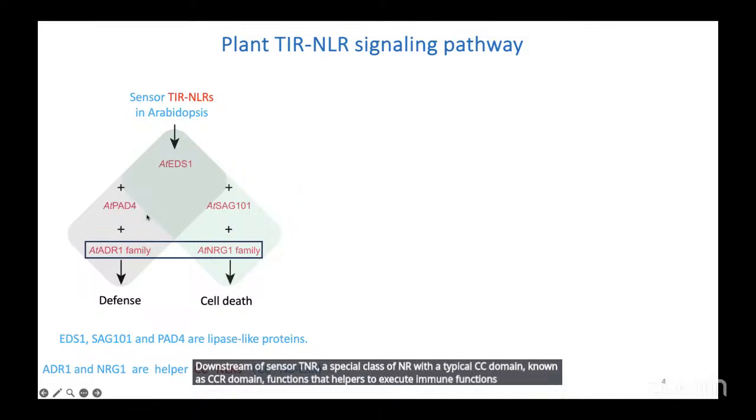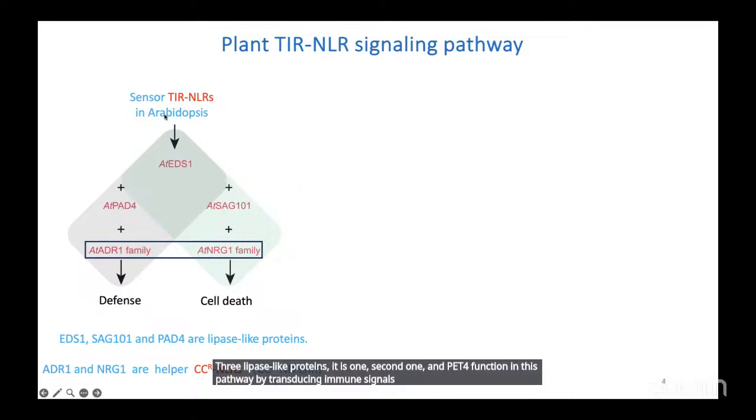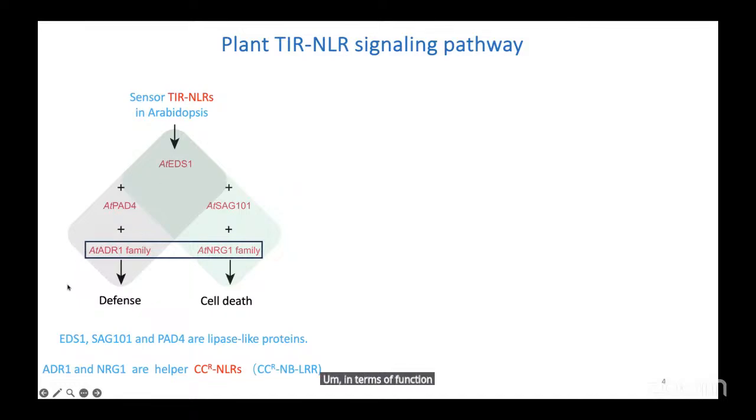There are two classes of helper NLRs, ADR1 and NRG1. 3 lipase-like proteins, EDS1, SAG101, and PAD4 function in this pathway by transducing immune signals from sensor TIR NLR to helper CCR NLR. In terms of function, the EDS1-PAD4-ADR1 branch controls resistance. The EDS1-SAG101-NRG1 branch controls cell death.